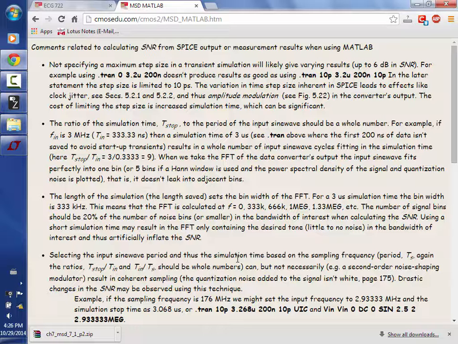Well, it's an abrupt stop. It's not stopping at a zero. We'll talk about this later, but the way the windowing works is that if you window the spectrums with a whole number of cycles in there, you end up not getting errors and reduced signal to noise ratio. So you'll need to look at this and understand.